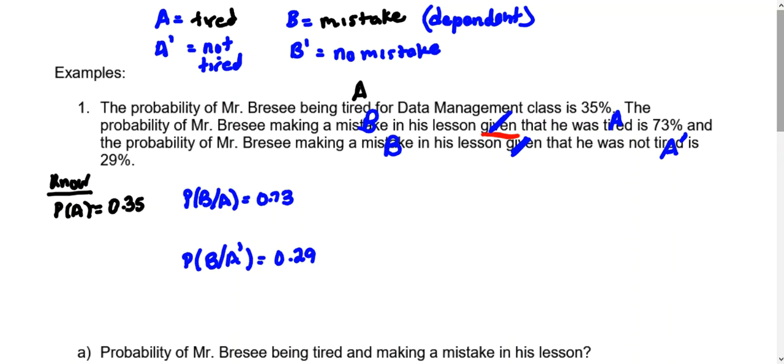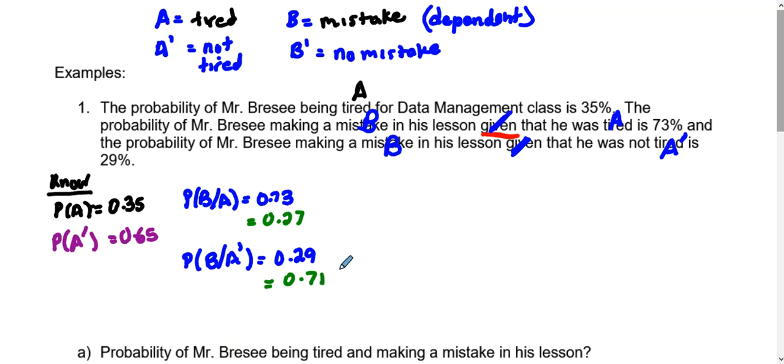The next thing we need to know is some of these complements. Well, we know that the complement of that is 65%. So the complement has to be A prime. So the probability of me not being tired on any given day is 65%. Now, if we look at this, the complement of that is 27%, and the complement of that is 71%.